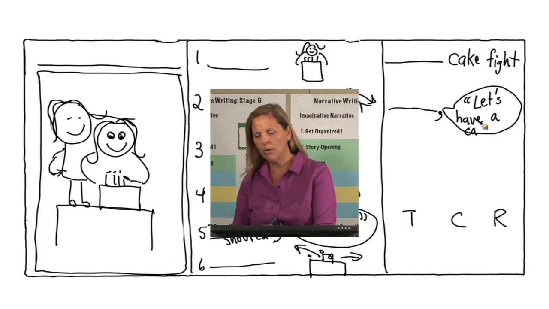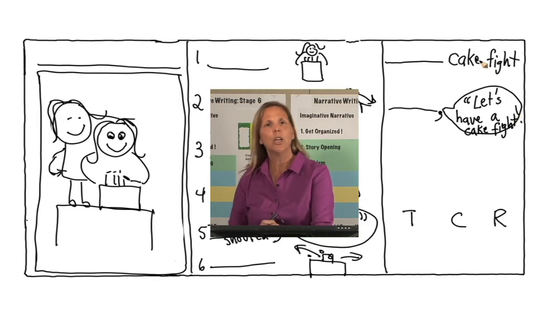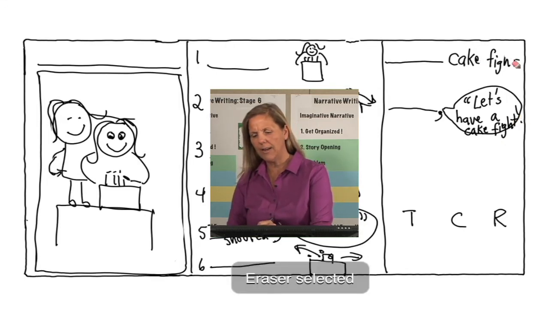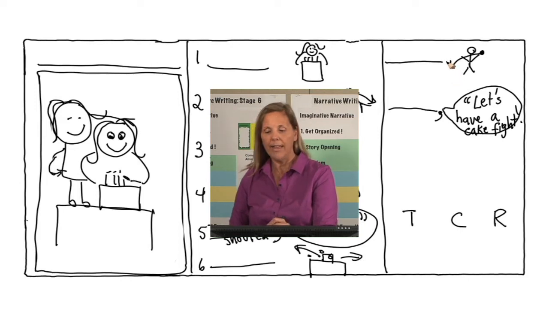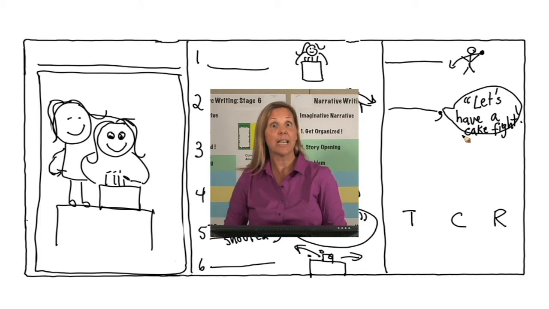So what do I need to do? Let's write cake fight here. But at the top, let's erase cake fight. And maybe we'll just change it to my dad throwing the cake. That way, we know we don't want him have a cake fight plus say cake fight. So we'll say he grabbed a chunk of cake and threw it. And then said, let's have a cake fight.